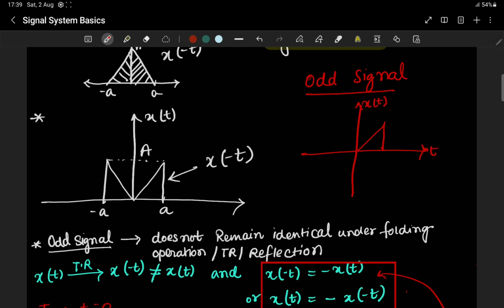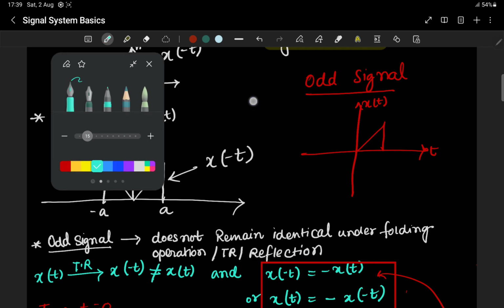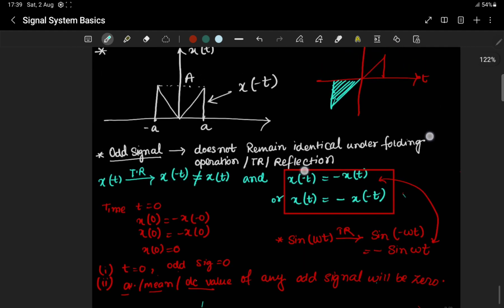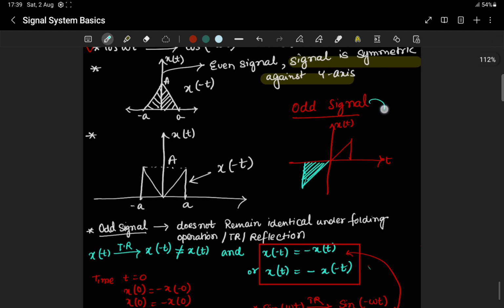But when I draw x(-t), it would be basically anti-symmetric. See, this is going to be the x(-t) signal. Got it? So this is anti-symmetric to the y-axis. So basically, odd signals are anti-symmetric to the y-axis. I hope it is clear.